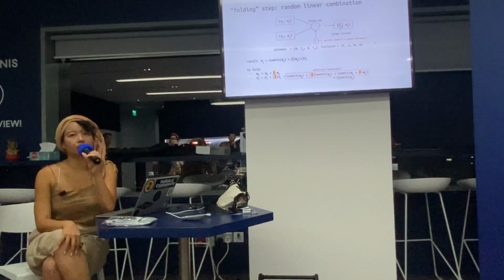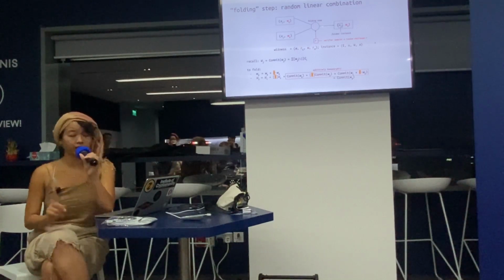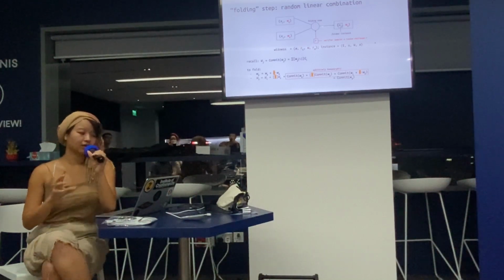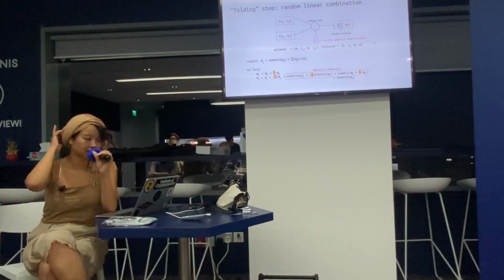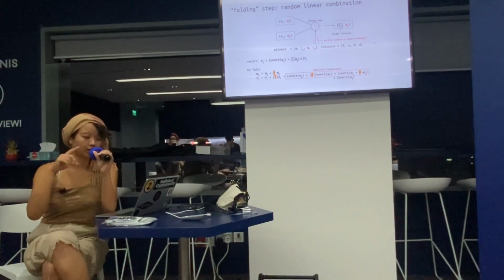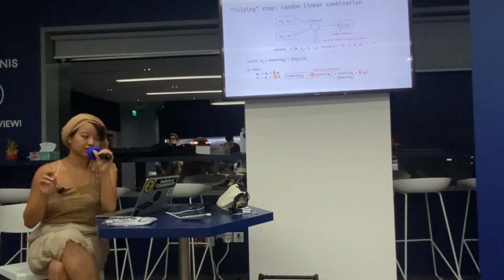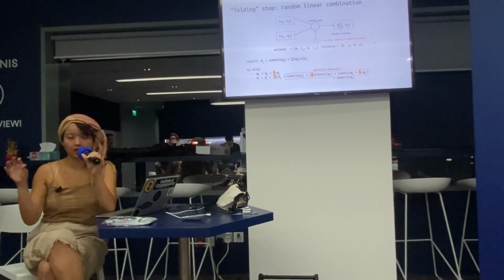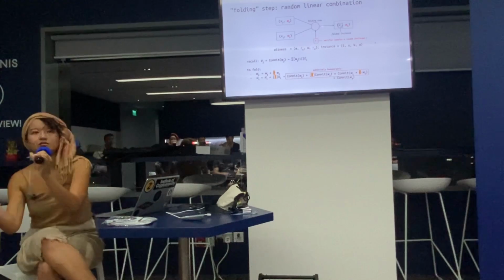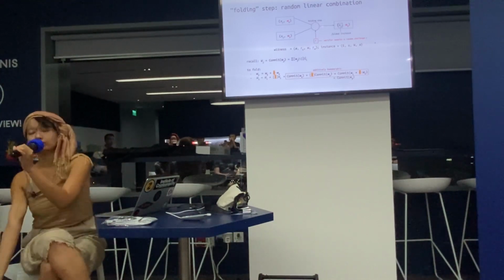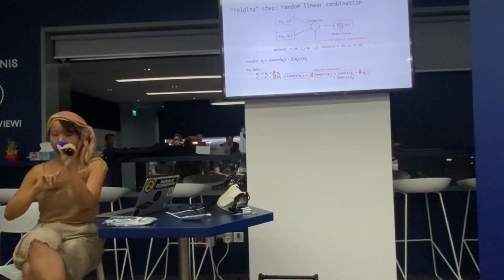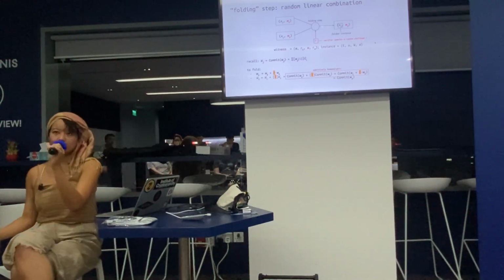So if the prover could pick this randomness, then they could basically pick some pathological combination of input instances that individually are not satisfying, but produce a folded instance that is satisfying. So the prover cannot choose this randomness.